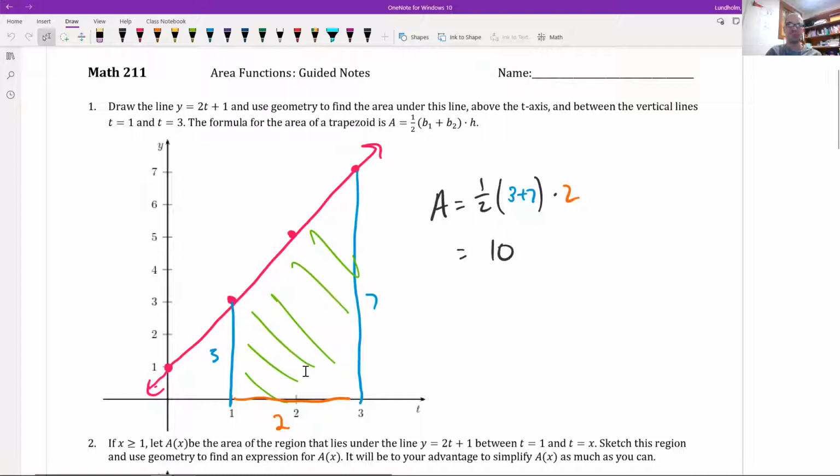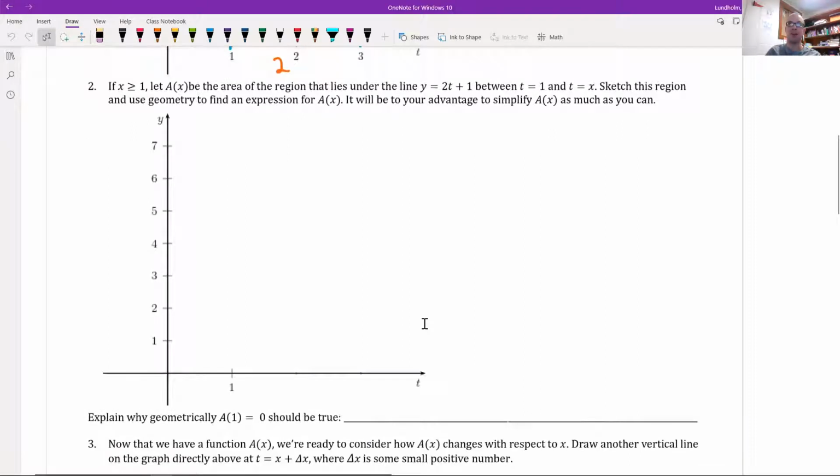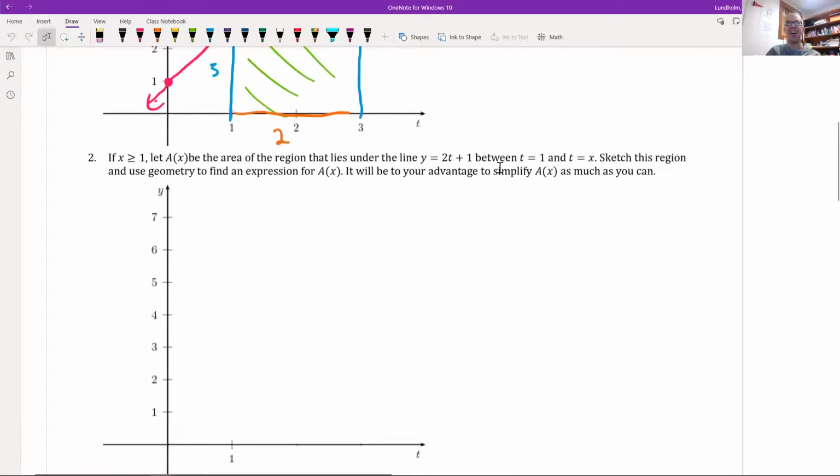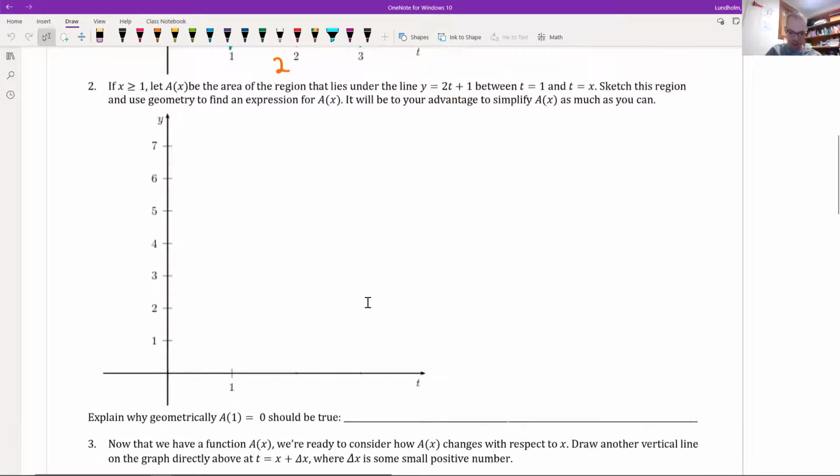Cool. That's just getting familiar with calculating this. Now we're going to get into the area function part of it, where we start off at 1, like we did here, but our next boundary is located at t equals x, and this boundary is movable. Imagine this is a slider where x can move either way, but we still have our line 2t plus 1.